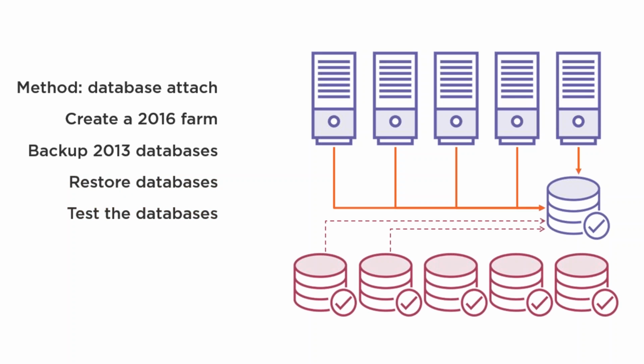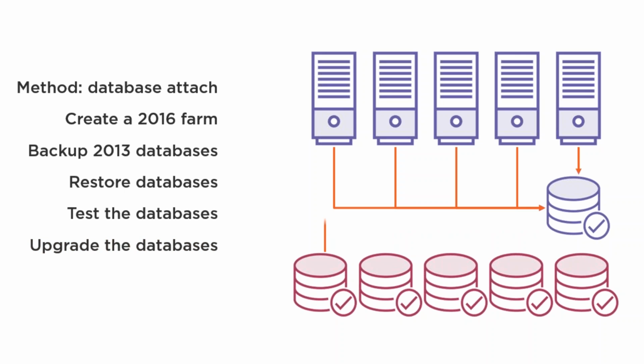Then you're going to test the databases, and you run a commandlet that does that test and verifies that everything's ready to go and the content is ready to be upgraded. Then you upgrade the databases by attaching them in the place of content databases, like for your web applications where your team sites would be stored. You simply attach them to the web application, and that mount commandlet will upgrade the content.